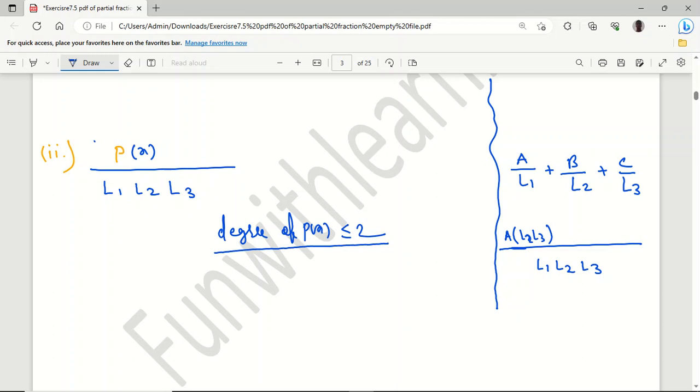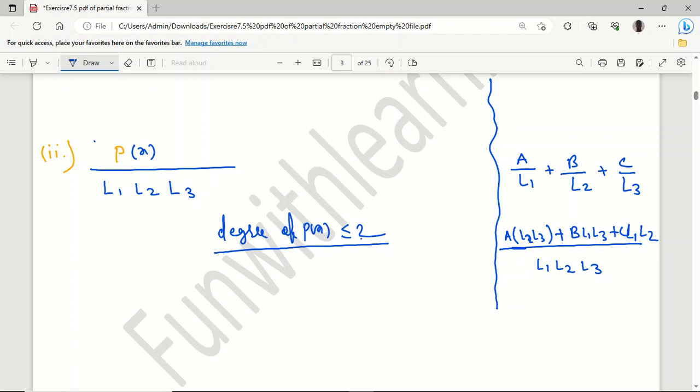It cannot be greater than 3, not even equal to 3. So that is why the degree of the numerator can be a maximum of 2, because here it will be b into L1 L3 plus c into L1 L2, and here also the degree can be a maximum of 2. So now you are understanding why we are breaking them into this form.